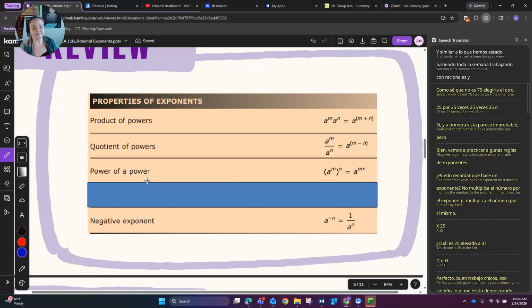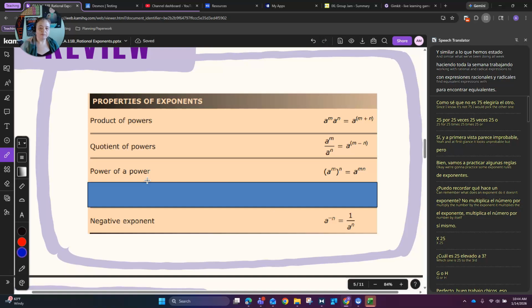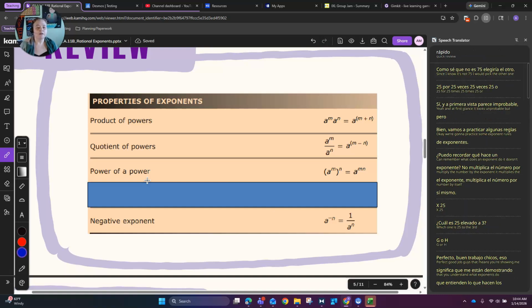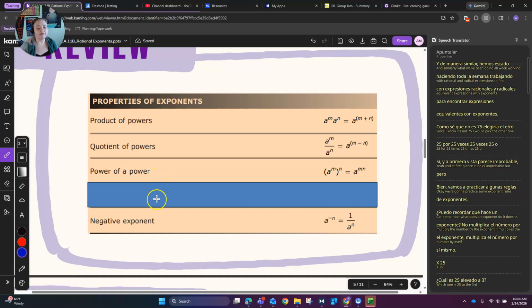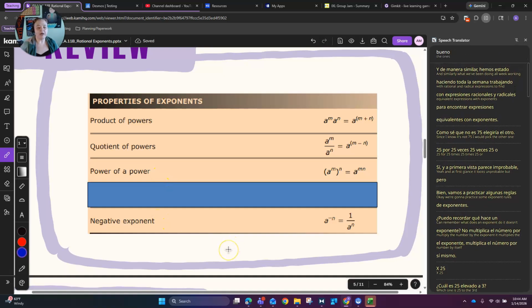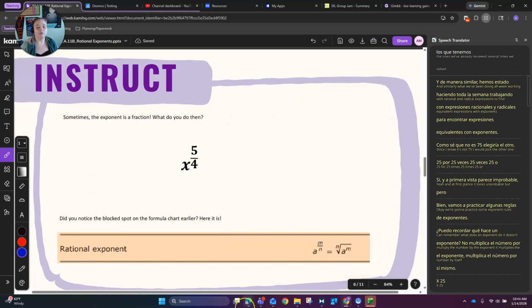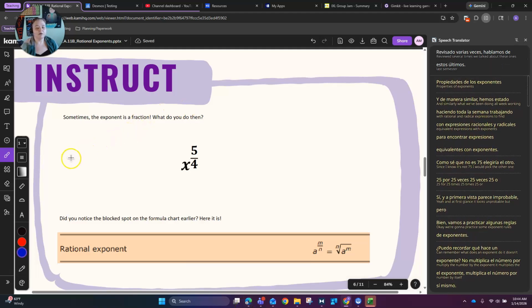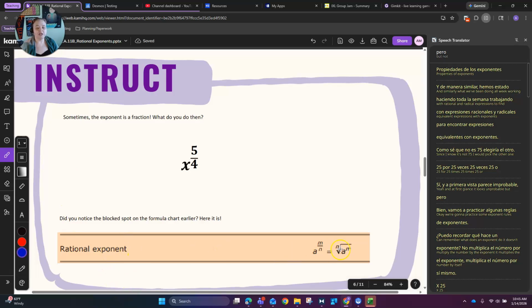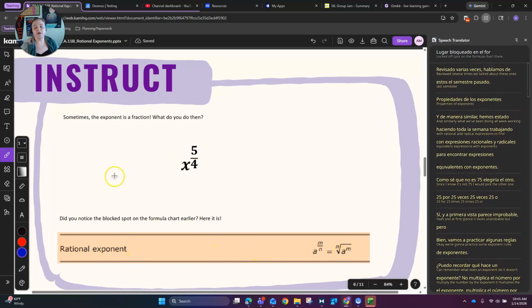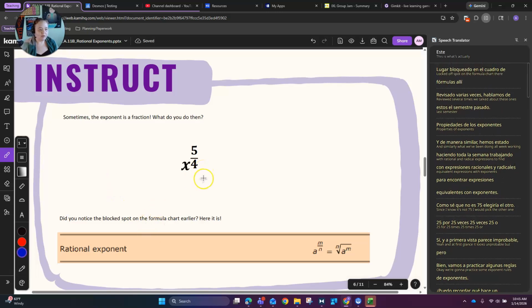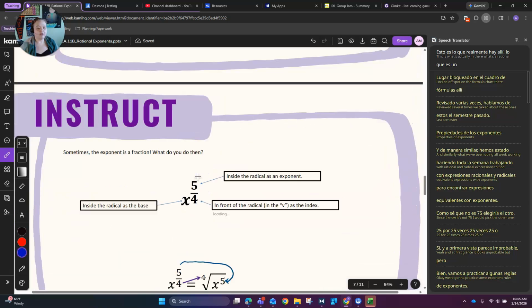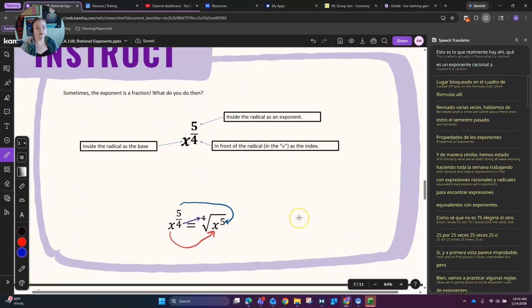Quick review. These are the regular product properties of exponents. The ones we've already reviewed several times. We talked about these last semester. But notice how we have a blocked off spot on the formula chart there, right? This is what's actually in there. What's a rational exponent? A rational exponent is an exponent that's a fraction, okay? So here's how it breaks down, just like this.